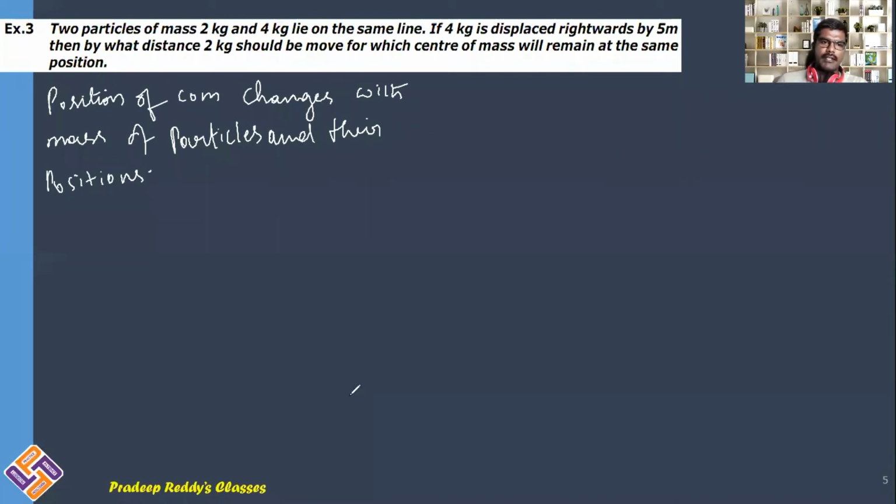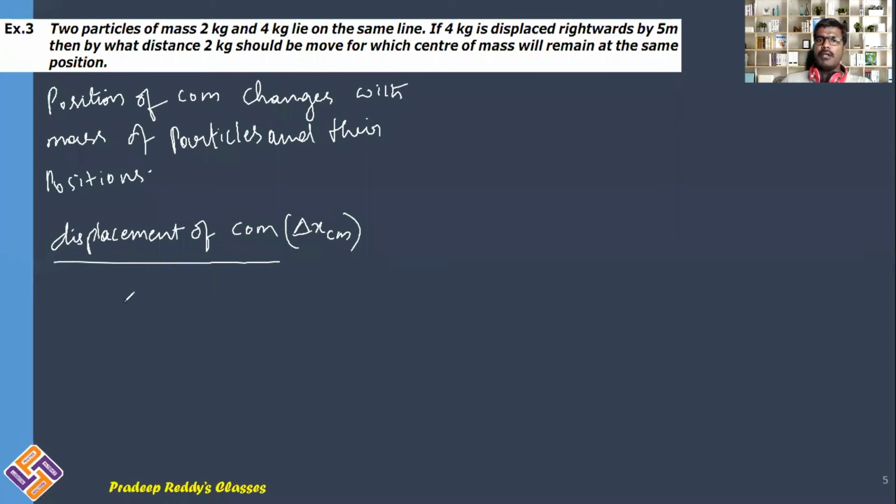So I can now write the displacement of the center of mass. I will write it as delta xcm. So the displacement of the center of mass depends upon the displacement of the first particle and the displacement of the second particle. The displacement of the first particle is delta x1.